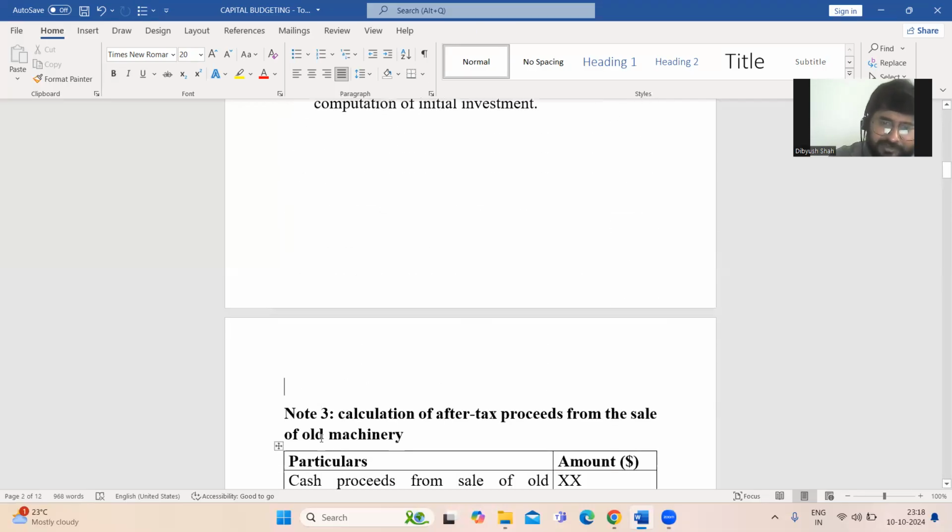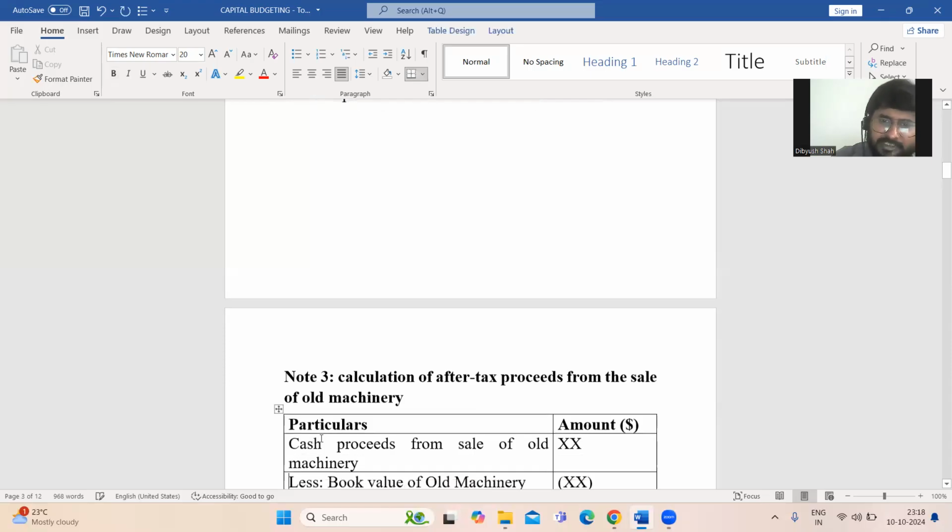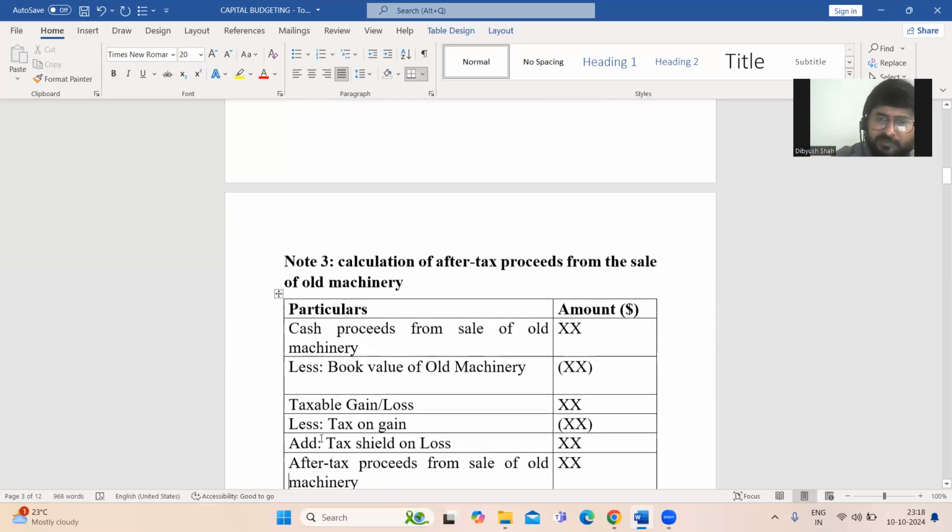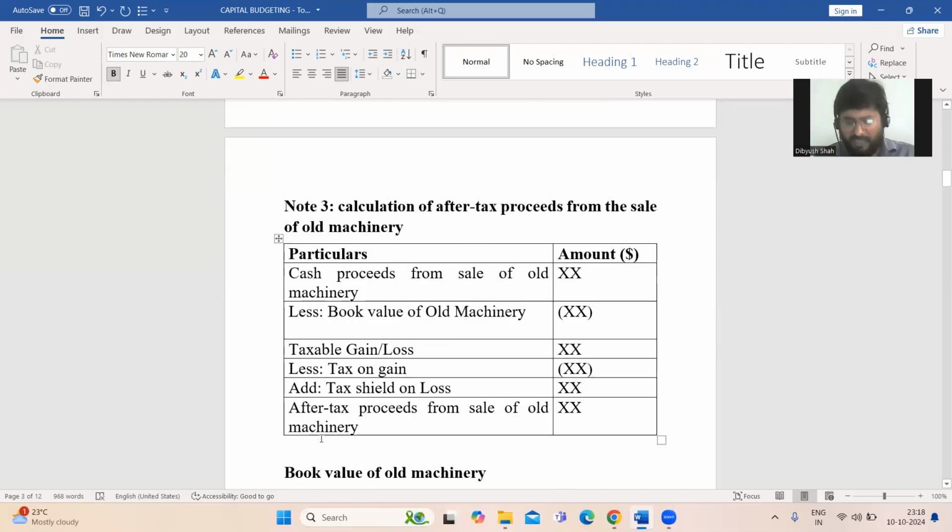Step 3 or note 3: how to calculate after tax proceeds from the sale of old machinery. Remember, for sale of old machinery, you will always compare two things: cash proceeds received, that is, the cash inflow on account of selling these assets, and carrying value or book value.